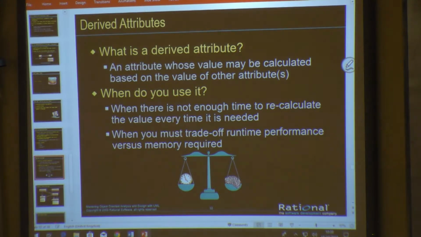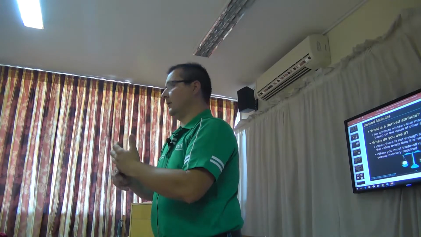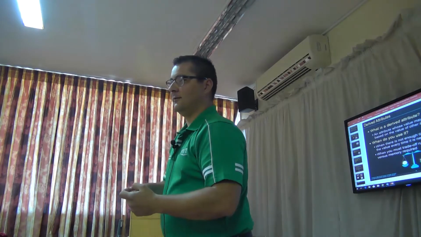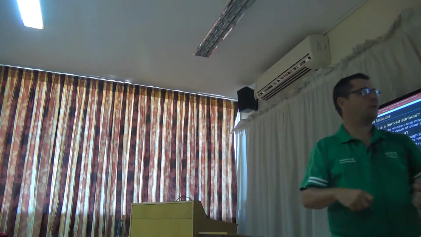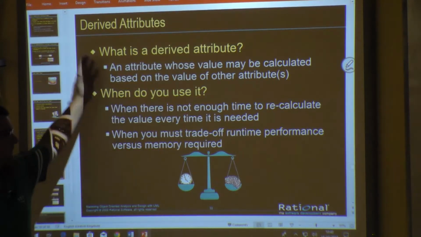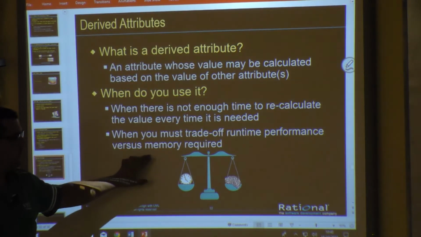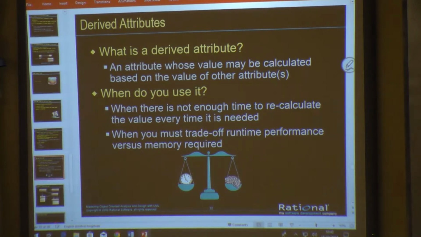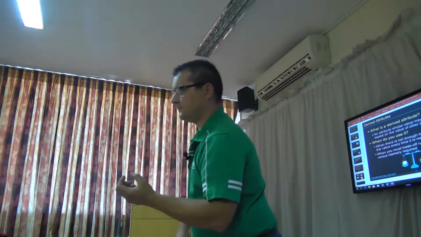Am I going to put the system under high loads due to the calculation which we might have for a specific derived attribute, compared to the actual database storage when we store this value?